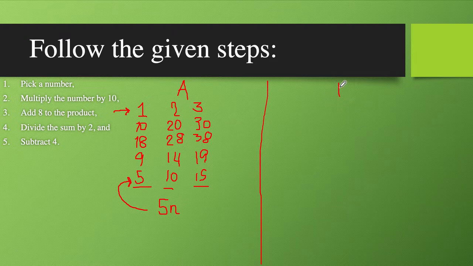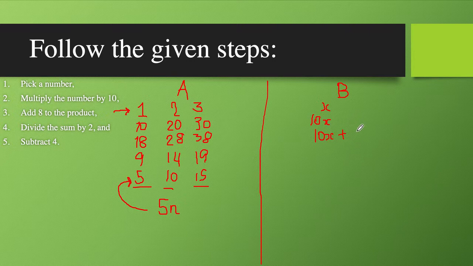For process B, we're going to let a general number, any number actually, be x, and then we follow the steps in the algorithm for x. Not for individual numbers, but for x. So multiply x by 10, that gives us 10x. Then we add 8 to that product, so we have 10x plus 8.